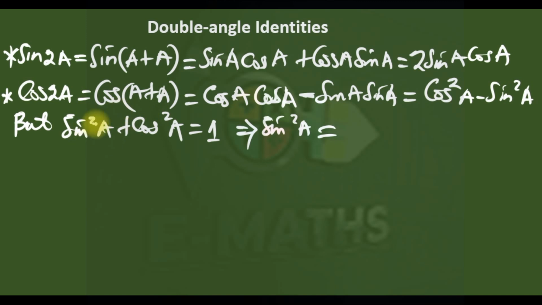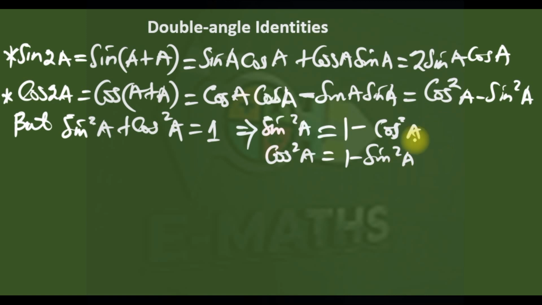Making sine squared the subject of the formula, we have 1 minus cos squared a. Also making cos squared the subject of the formula. So we're going to use these two to get 2 additional identities.